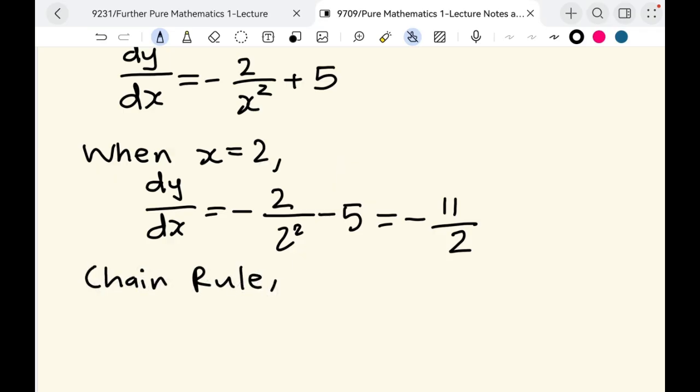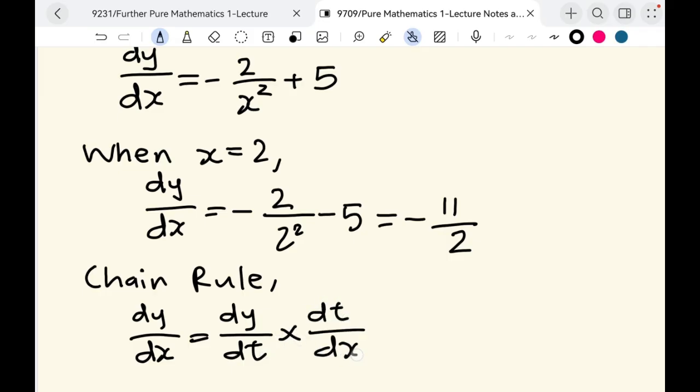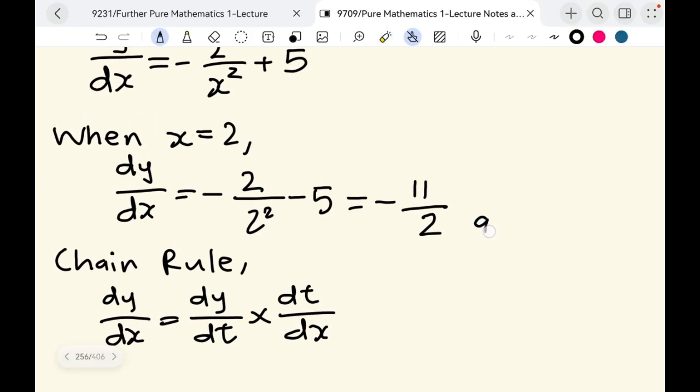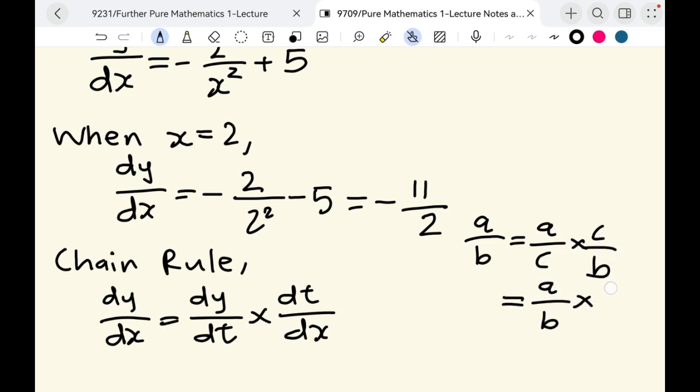Chain rule states that dy dx can be written as dy dt times dt dx, where the dt as the denominator and numerator are cancelled out like this. Like a over b is equal to a over c times c over b. It comes from a over b times c over c, like doing the conjugate.